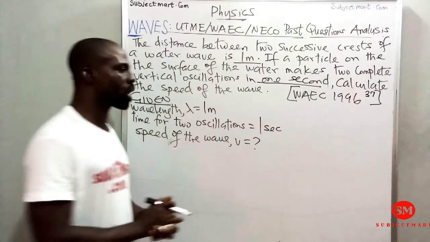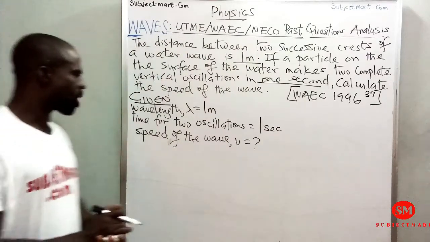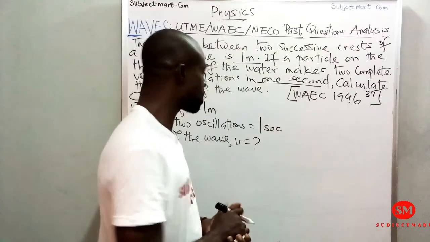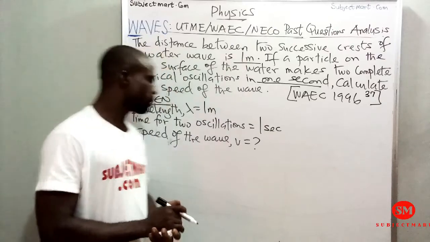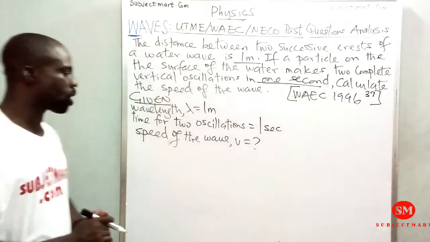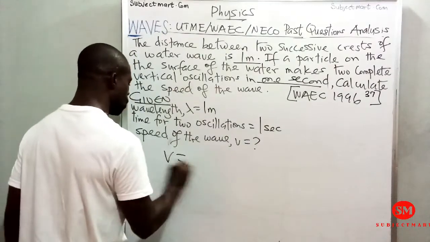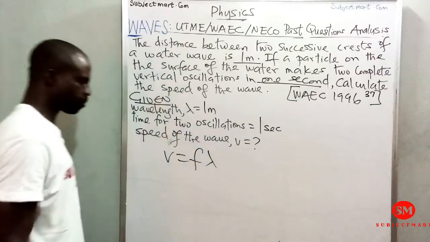Now what are we given? We are given the wavelength lambda as 1 meter, and the time for two oscillations, which is 1 second, and we have to find the speed of the wave v.